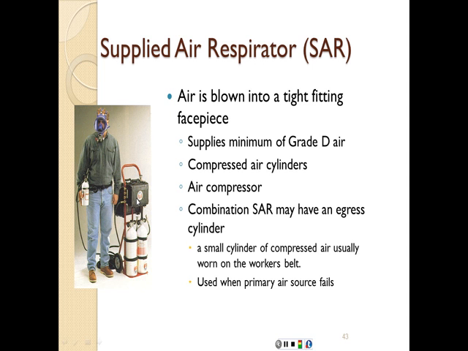Combination SAR may have an egress cylinder, which is a small cylinder of compressed air, usually on the worker's belt, used when the primary air source fails, because we are having full reliance on this compressed air, so we want to have some redundancy just in case this one fails. At least we have an alternative source of purified air for at least an emergency exit from the toxic environment.